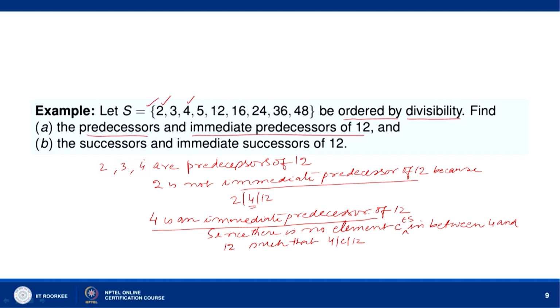Now, let us look at the successors and immediate successors of 12. So, 24, 36, 48, because 12 does not divide 16. So, successors of 12 are 24, 36, 48. Now, we have to find immediate successors of 12.